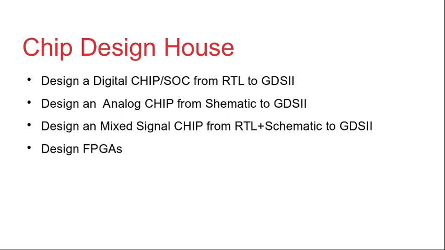If it is a mixed signal design, they will combine both the RTL as well as the schematic at the beginning for their digital and analog blocks. Combining them, their mixed signal flow will continue up to GDS2. And also the FPGA companies, which also design FPGAs.